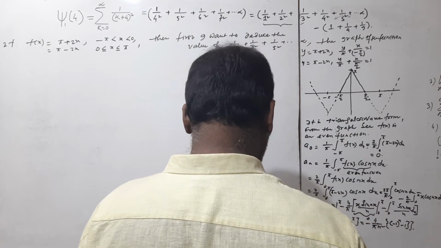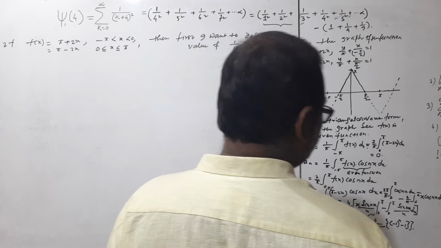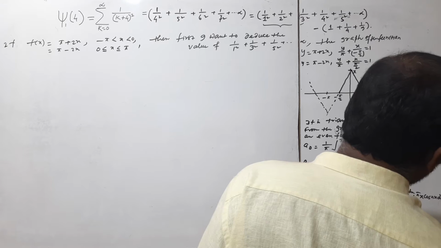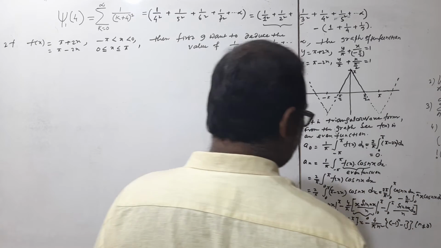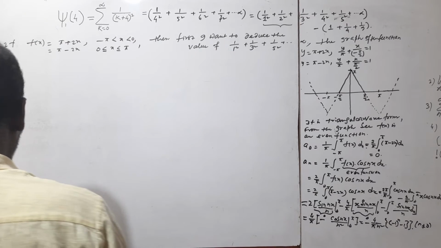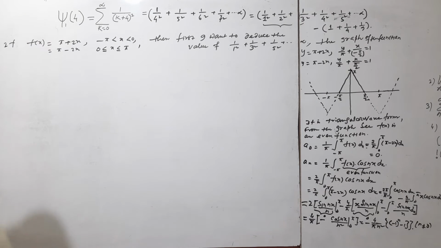So this is the formation, and n can never be 0. Okay, so this is the value of an.